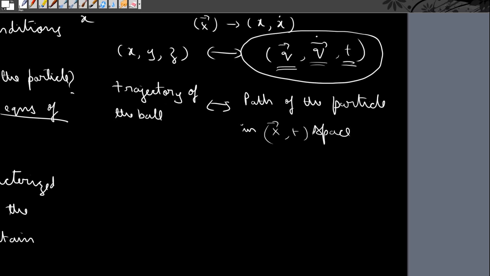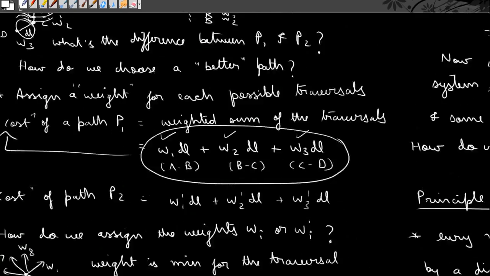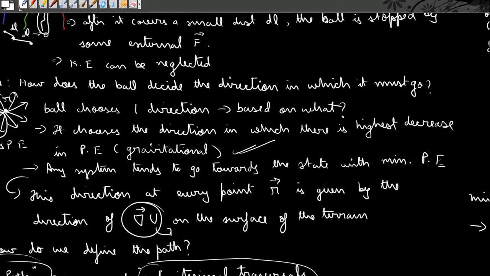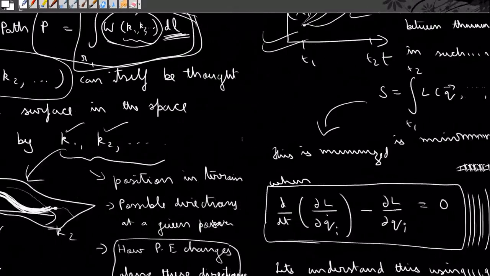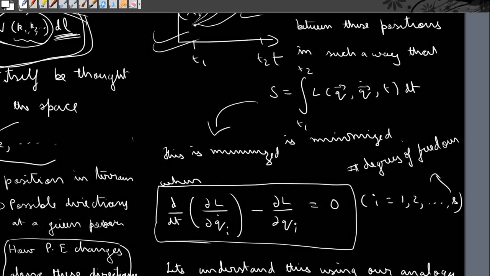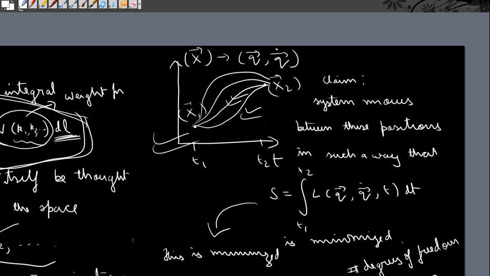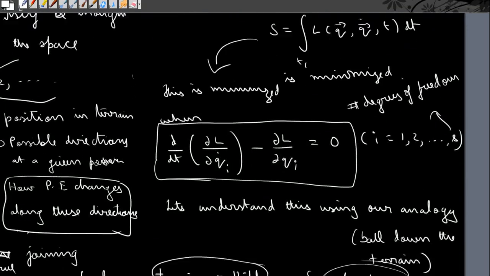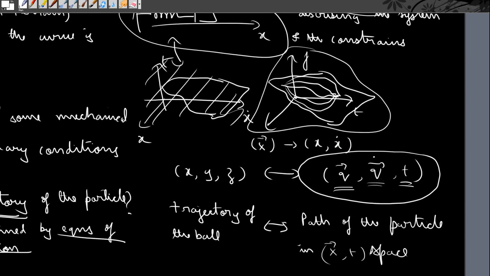So basically, the trajectory of the ball here. So these different trajectories are analogous to these different trajectories. Okay. And the terrain is analogous to some function which describes the system in the q dot and t space.